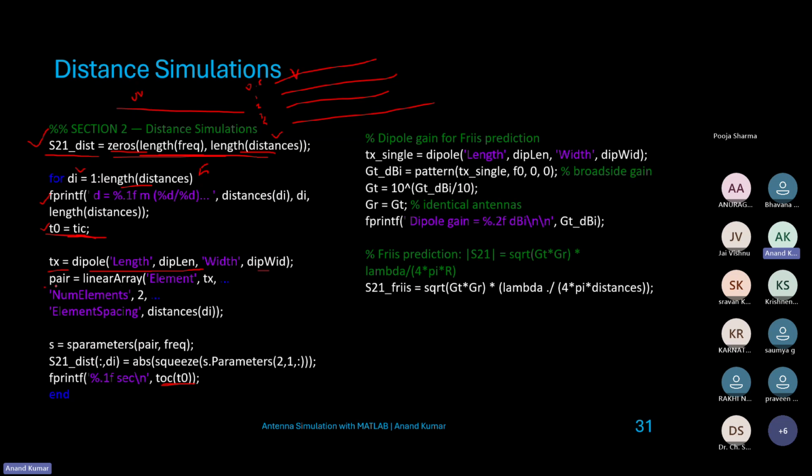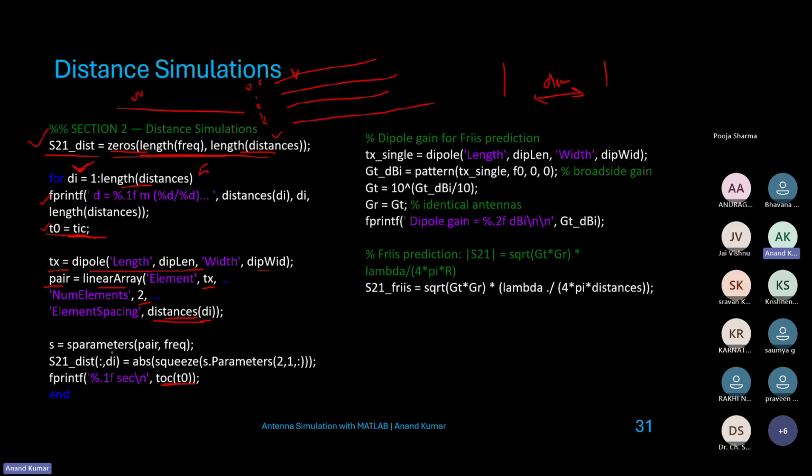And then we create a pair with a linear array using this dipole. To run our simulation, we saw we needed two dipoles separated by some distance. So di is our loop variable, and when di is equal to 1, the distance is 0.5, so this will take 0.5 as the gap between the two elements.